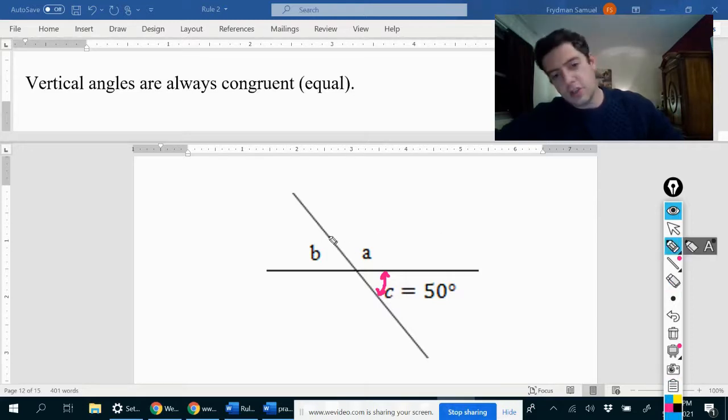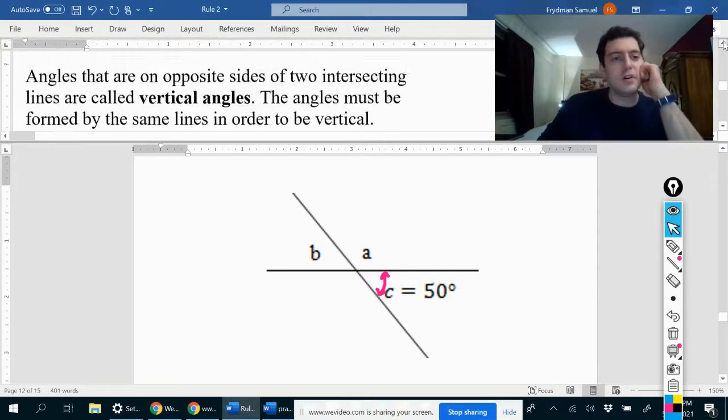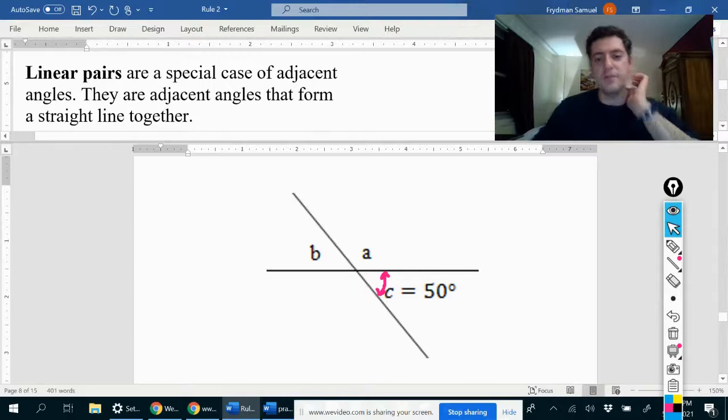and if you look closely, angle A and angle C, what kind of angles are they? Well, we just said they are adjacent, so yes, they are adjacent angles, but even more specifically, if you remember, we could also say that they are a linear pair.